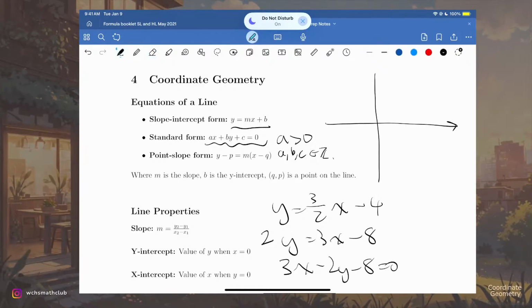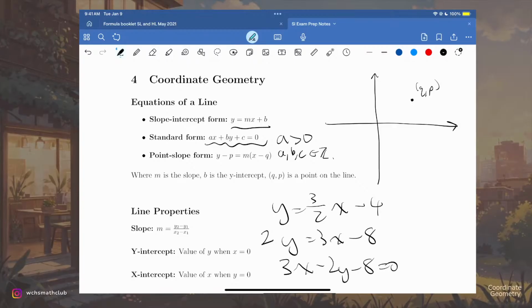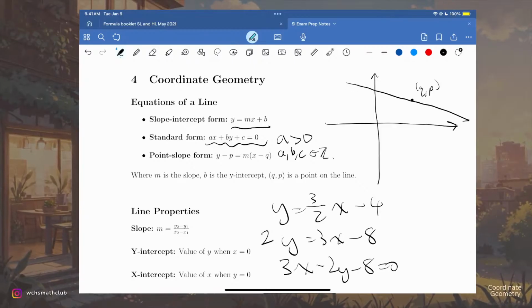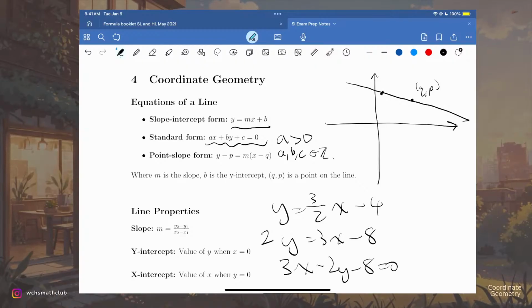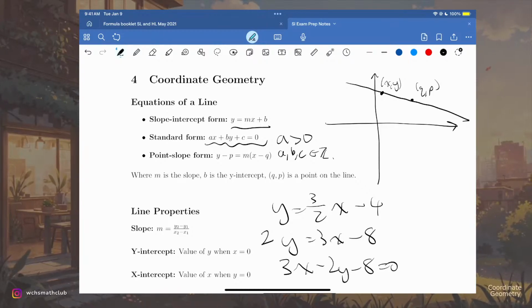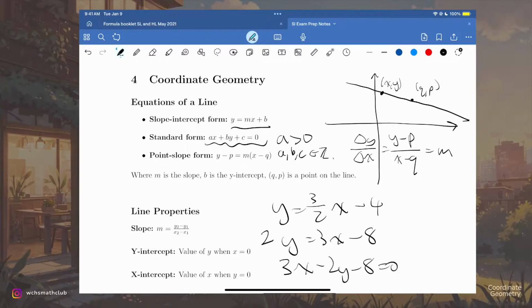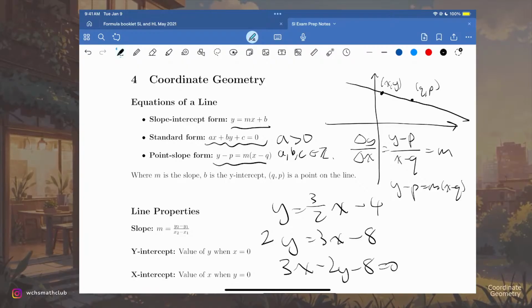So if the point is (q, p), and we know that m is the slope of the line, so let's say the line goes like this, then if we have any point here, let's call this (x, y), the slope between (x, y) and (q, p) can be written as y minus p over x minus q, because this is delta y over delta x, right? And we know that slope equals m, so multiplying both sides by x minus q, we get y minus p equals m times x minus q, which is the desired form.